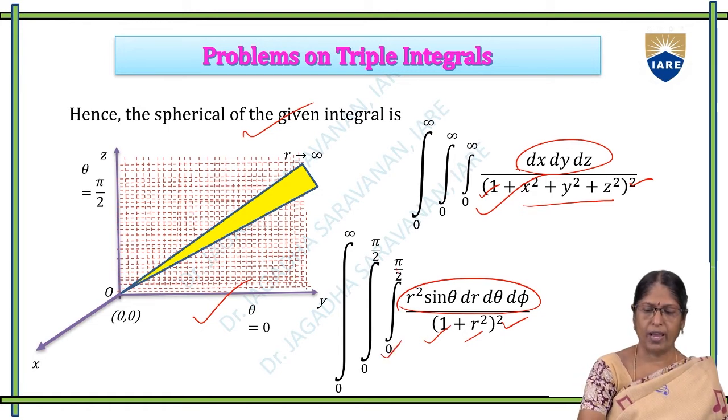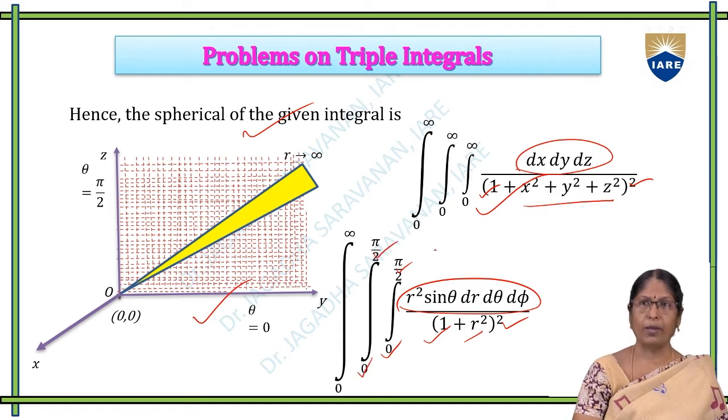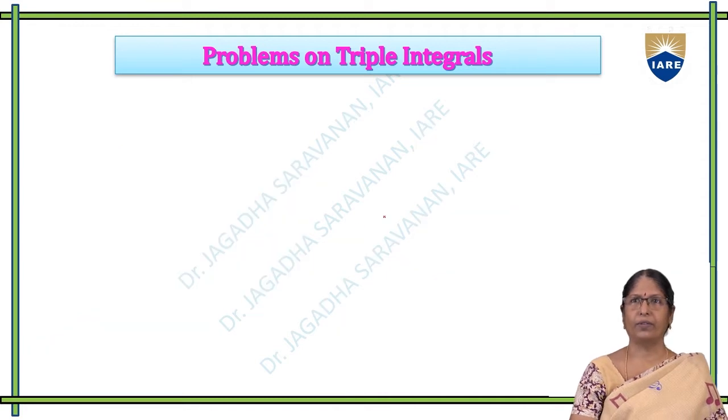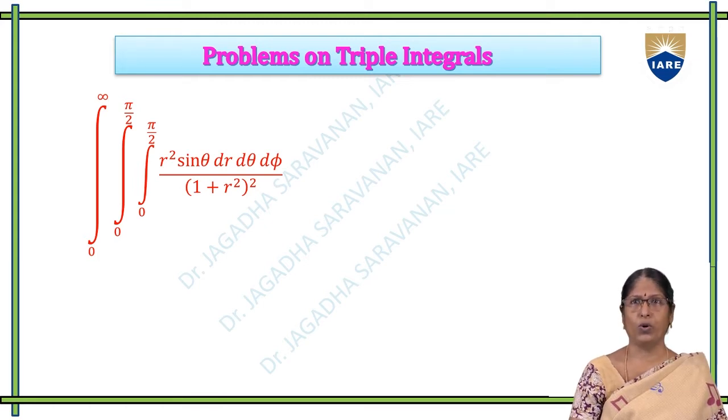The first angle we are taking is 0 to pi by 2. Here also 0 to pi by 2. And r is 0 to infinity. So we can see it now: r square sine theta dr d theta d phi divided by 1 plus r square, the whole square.